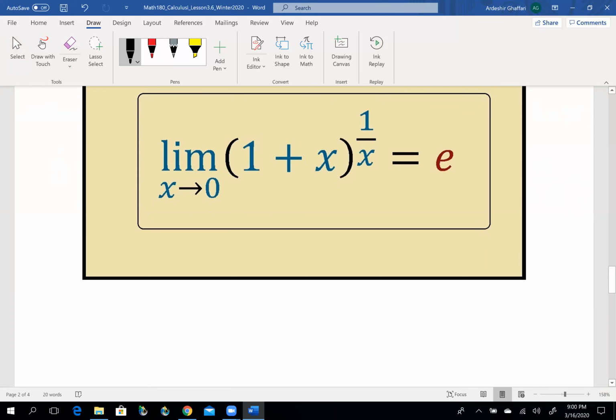Okay, guys, look at the e. So e is e to the power of 1, correct?